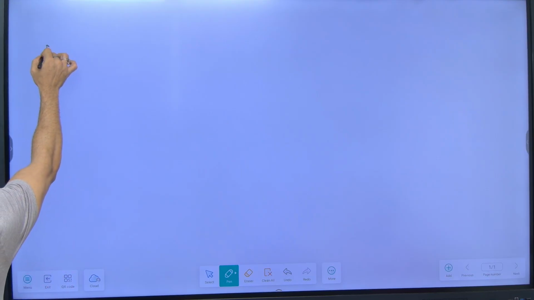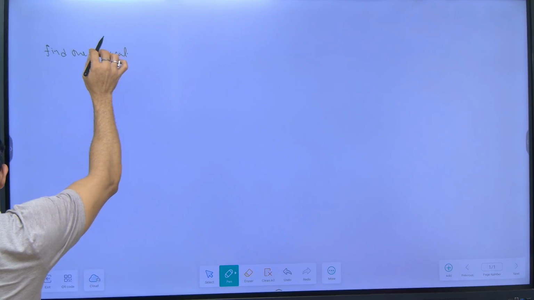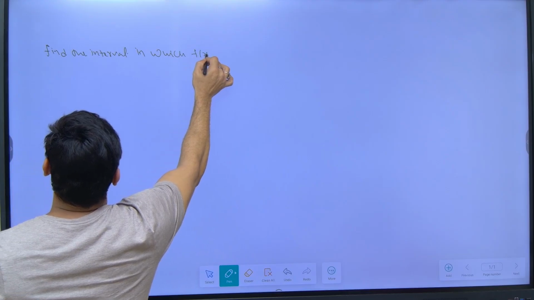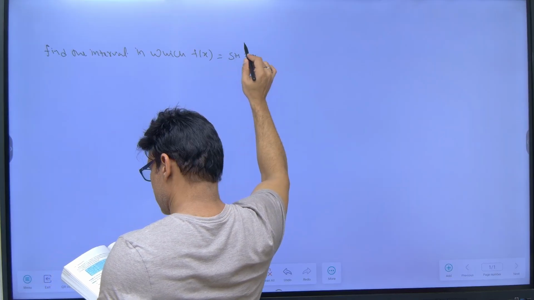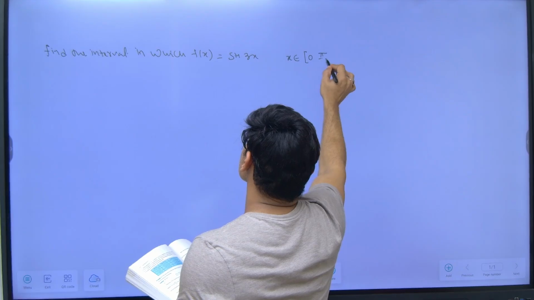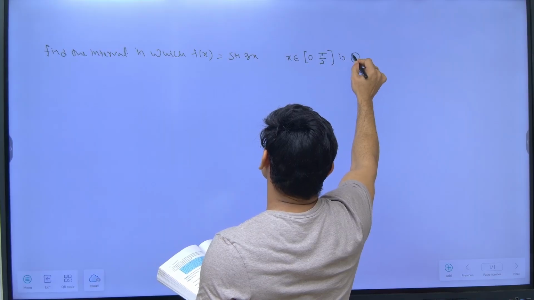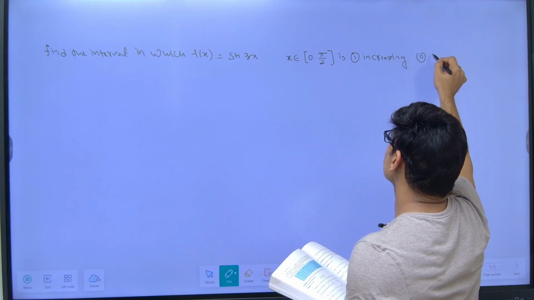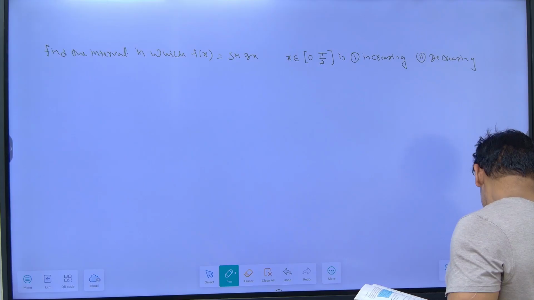The question is: find the interval in which f of x is equal to sin 3x, where x belongs to 0 to pi by 2, pi by 2 meaning 90 degrees, is first increasing and second decreasing. Increasing and decreasing.